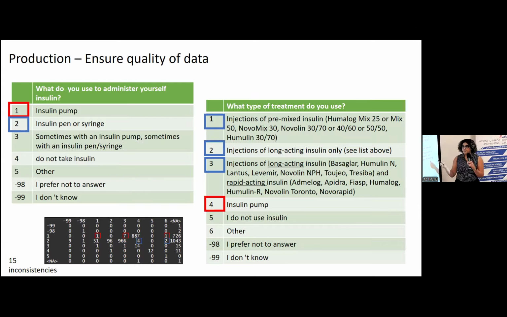Sometimes they know the answer. Sometimes they'll go back to the patients and confirm, is this what you meant to respond? Sometimes we don't have an answer, and then we need to decide: do we choose one over the other? Do we code them both as missing? But every decision needs to be thought of thoroughly, and the decision process should be consistent across all types of decisions and variables. That makes sense.